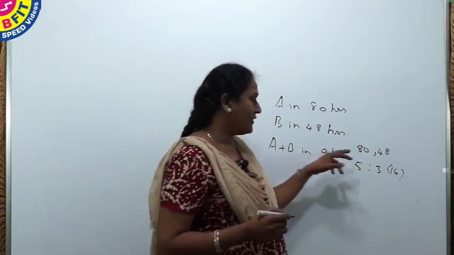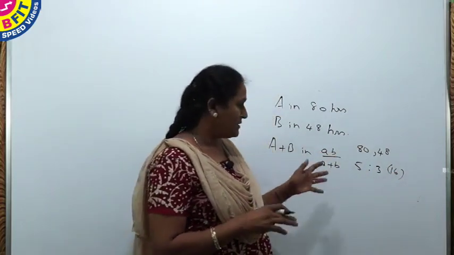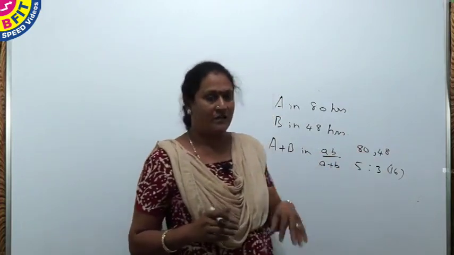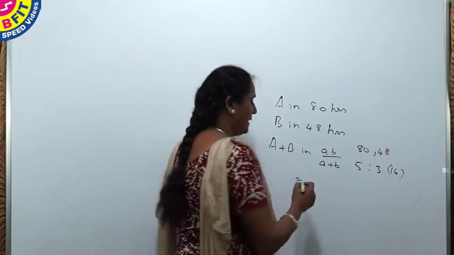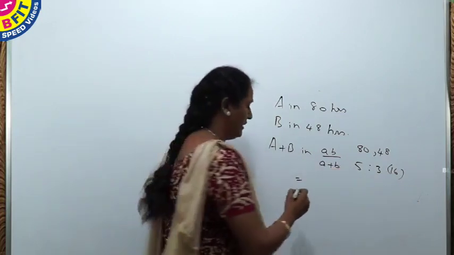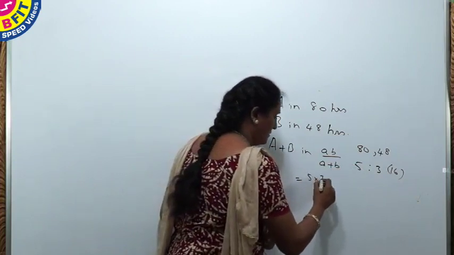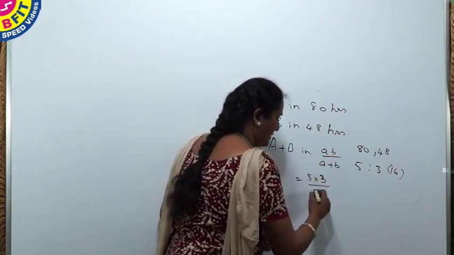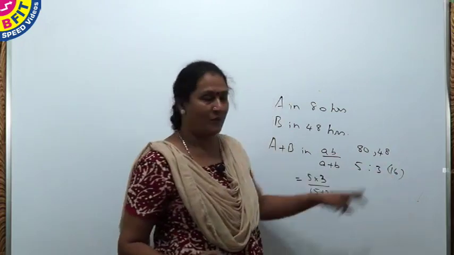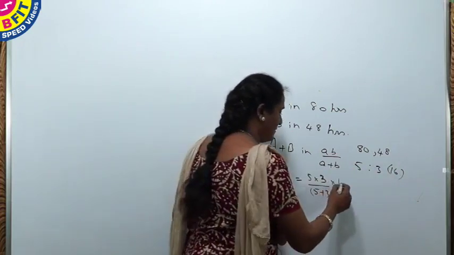So now instead of working with 80 and 48, which leads to huge values, you can work out with 5:3 itself. So the time taken by A and B is AB by A plus B, so 5 into 3 by 5 plus 3. And now multiply the common factor 16 once.